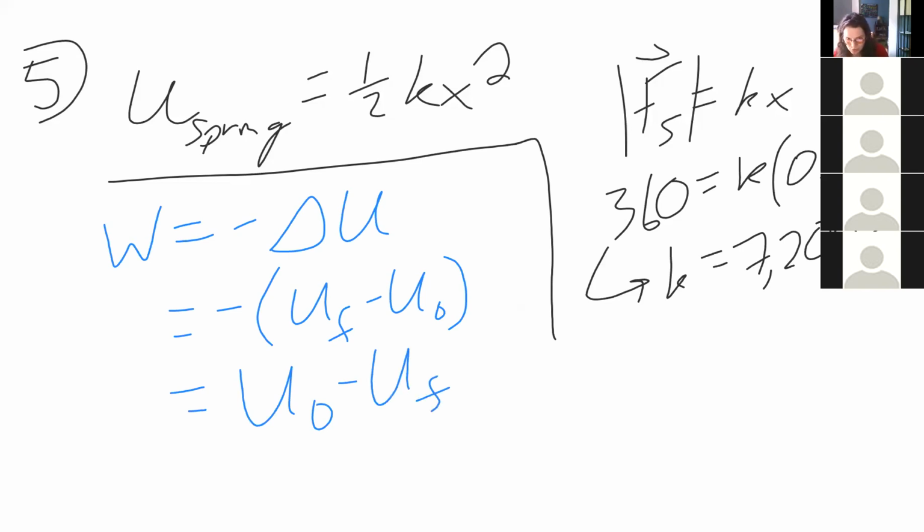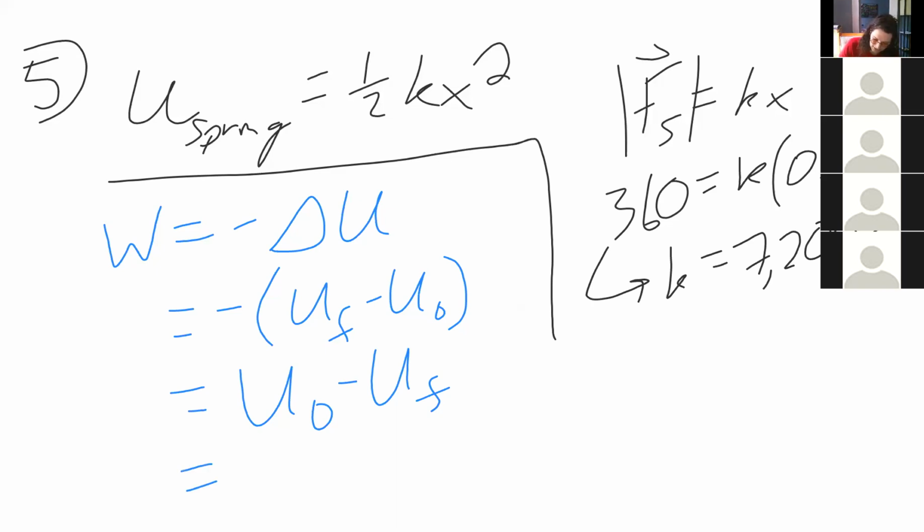U initial will be the same throughout A through D of this problem. It's always going to be a half times the k that you found times the x initial that they give you. They tell us that we're going to pull the block, for me, out to 11 centimeters and then release it. That'll be your initial x.